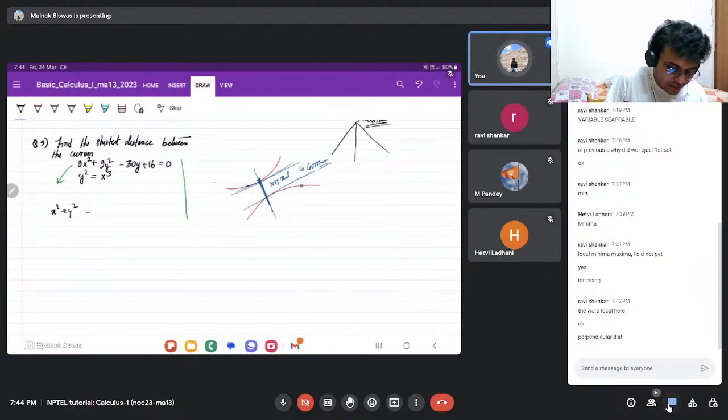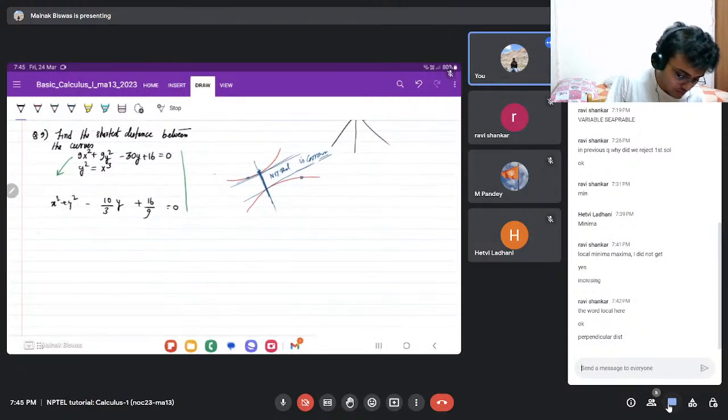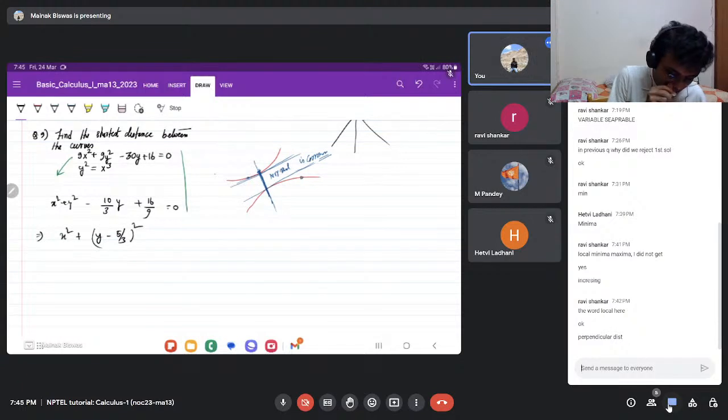So I get 10 by 3 y plus 16 by 9 is equal to 0, right? Which is x square plus y minus 5 by 3 square equal to 1, right?